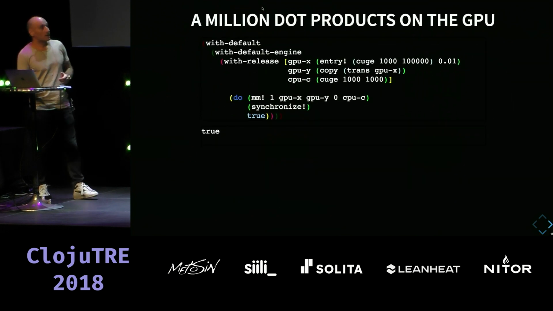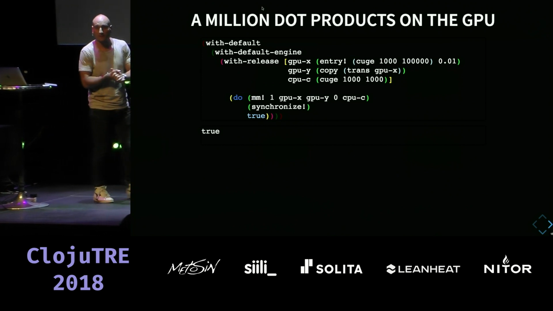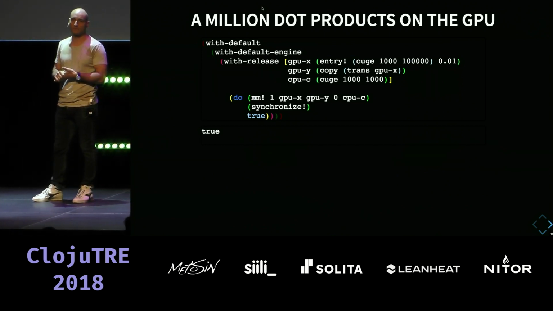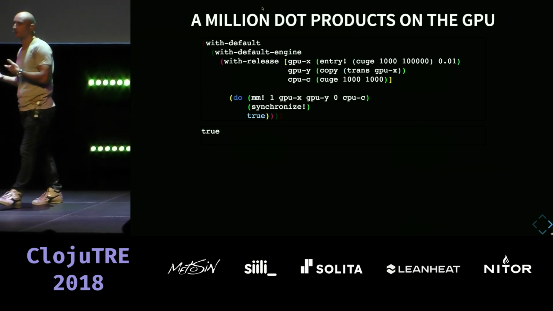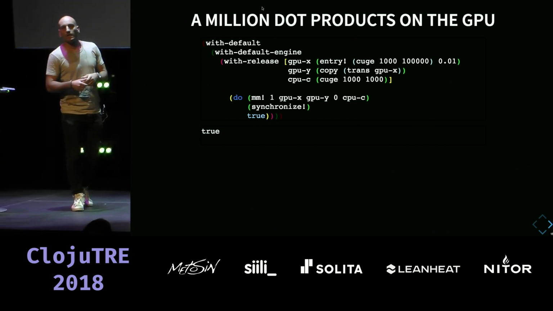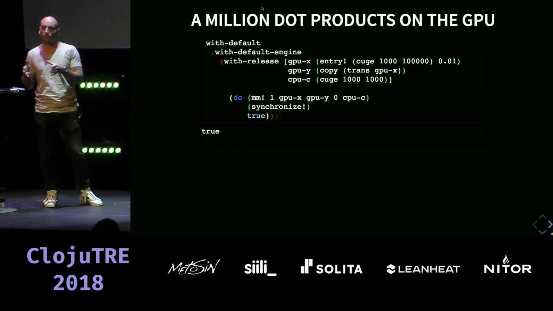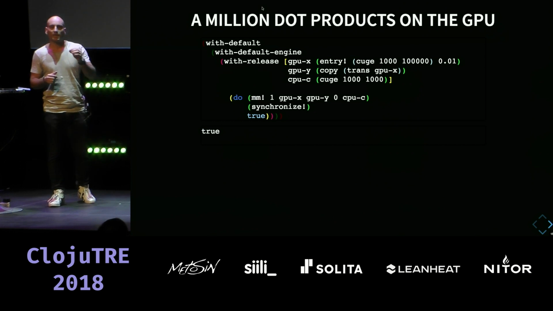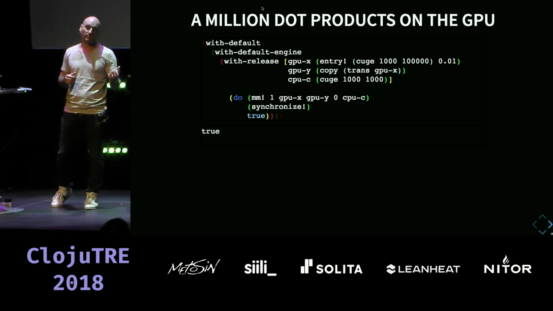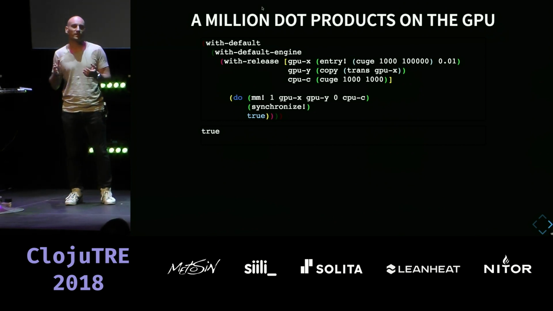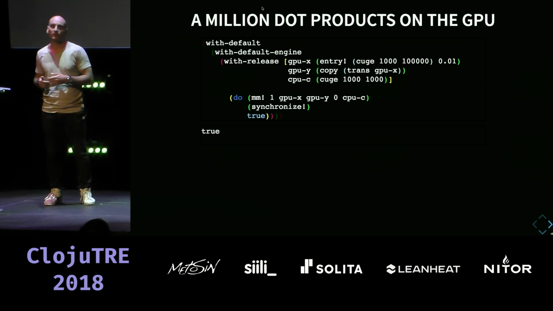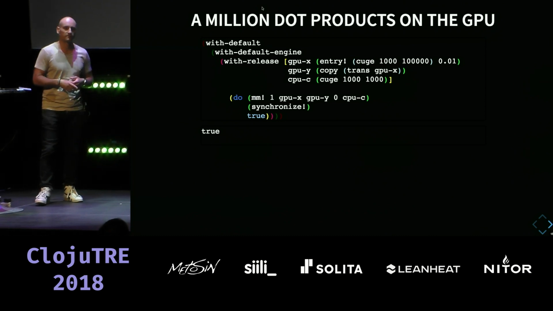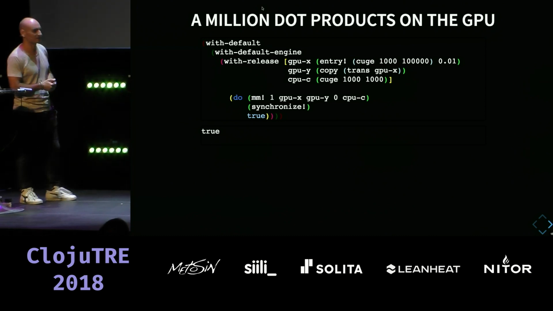Well, let's try a different experiment. Another basic linear algebra function is matrix multiplication. We have 2 matrices. We get the third matrix as a product of these 2. Each element of the third resulting matrix is actually a dot product of the corresponding column of the first matrix and the row of the second, or the other way around. It doesn't matter here.